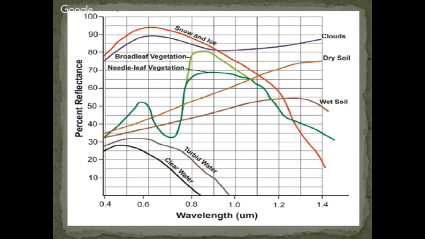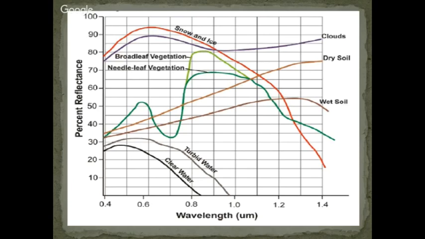In the case of water bodies, they cannot be identified beyond 1 micrometer. After the near infrared part, water bodies will always appear black in satellite images.